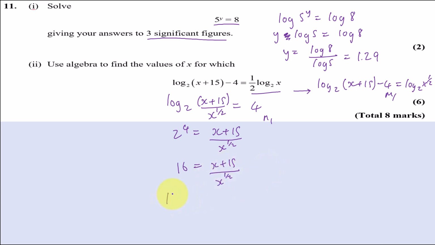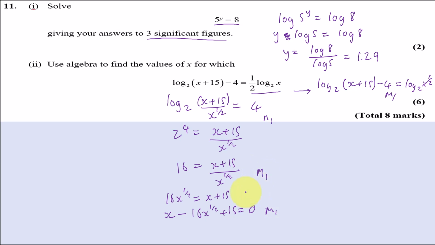So we're going to get 16x to the half, because we don't like that as a fraction, equals x plus 15. Let's make that like a quadratic, so we've got x minus 16x to the half, that will be plus 15 equals 0. That's going to get us another method mark. I'm sure that it gets you a method mark as well.